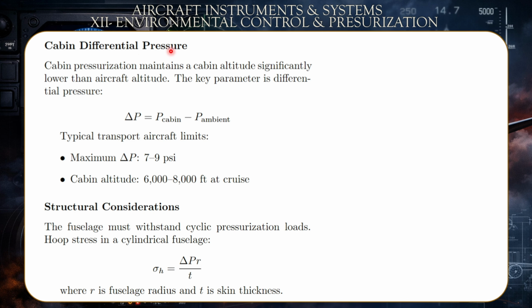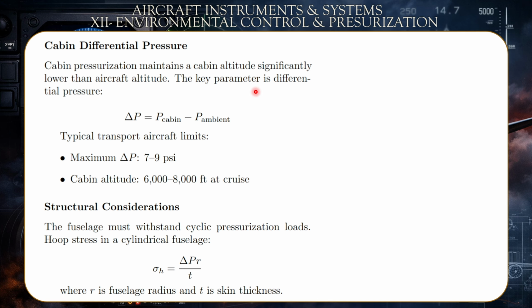Cabin differential pressure. Cabin pressurization maintains a cabin altitude significantly lower than aircraft altitude. In other words, the apparent pressure within the cabin would be much higher than that outside the aircraft.